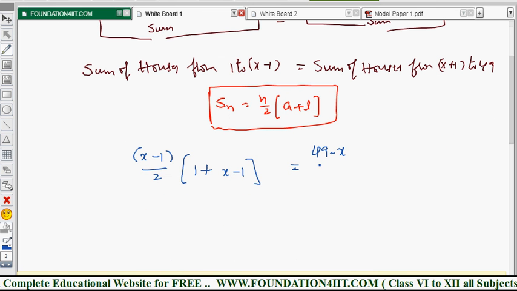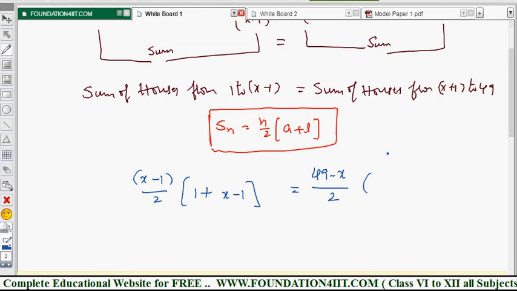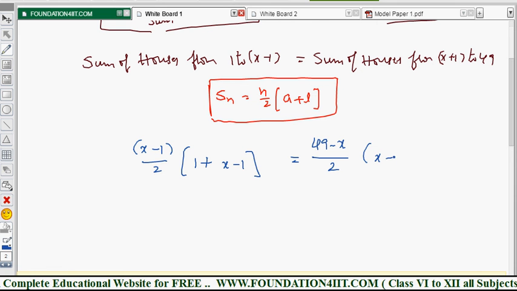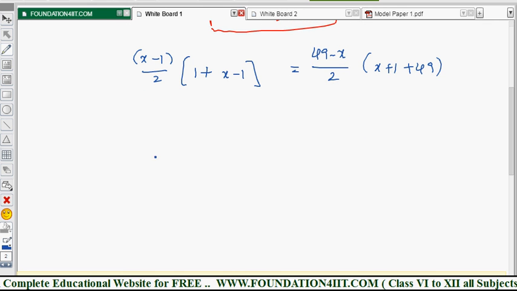So 49 minus x by 2. Similarly, the starting number is x plus 1, the ending number is 49. So x plus 1 plus 49. If we solve this, we will get the value of x clearly. Then let us solve this.